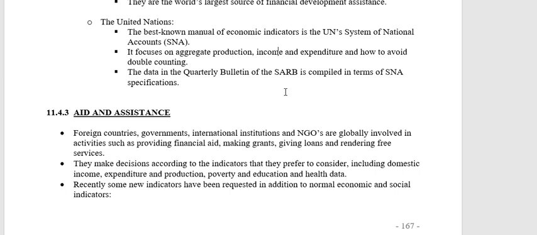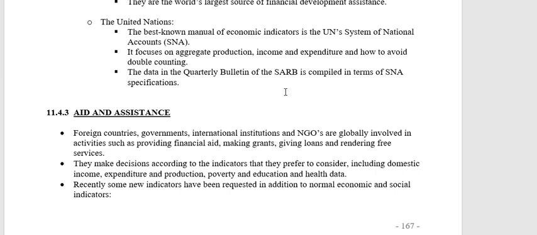All right, and then as I said, for aid and assistance from foreign countries: obviously if a country is developing, very poor, a country struggling, it can approach governments in other countries, it can approach international institutions, non-government organizations, anybody that is involved in providing financial aid or financial assistance to countries in need.